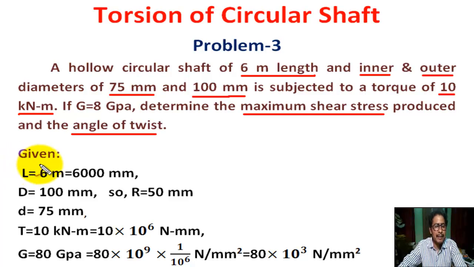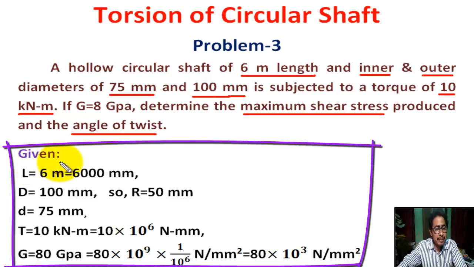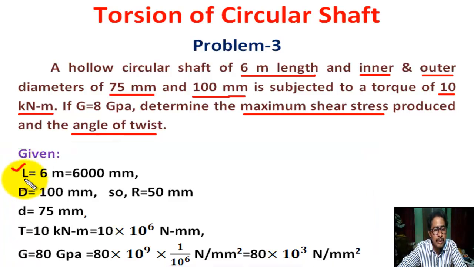In our problem given, L equal to length of hollow circular shaft equal to 6 meter. 6 meter equal to 6000 millimeter.